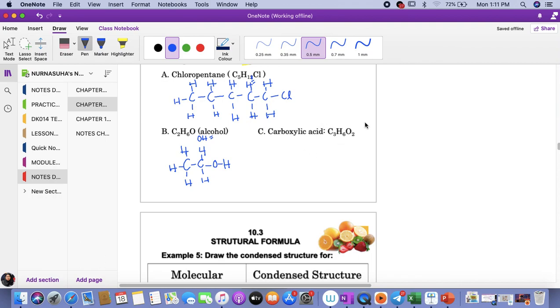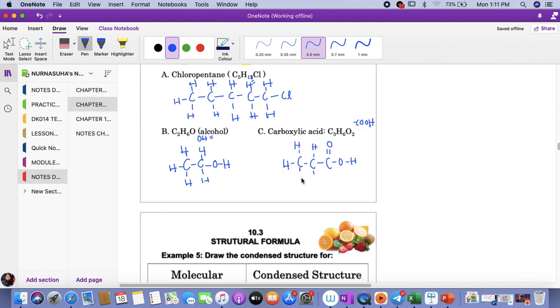Next, kita pergi pada carboxylic acid. So, kita tahu kalau carboxylic acid, formula dia mesti ada COOH. So, 3 carbon. 1, 2, 3. Okay, so COOH macam mana nak lukis? C double bond O, O, H. So, yang lain isi sahaja dengan hydrogen.